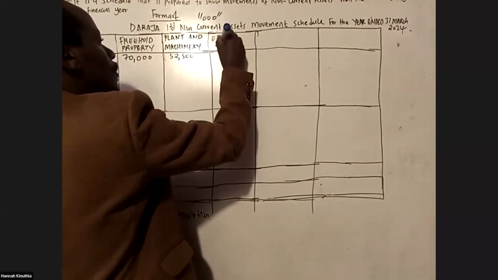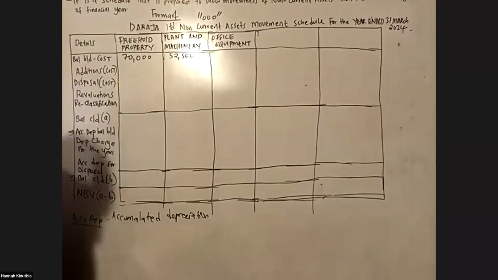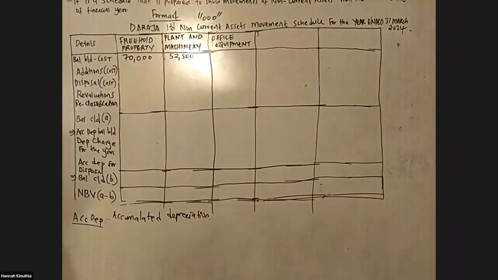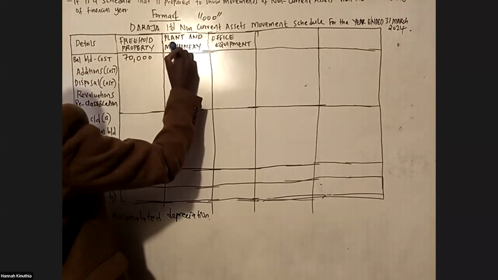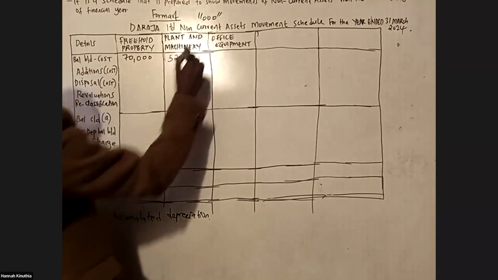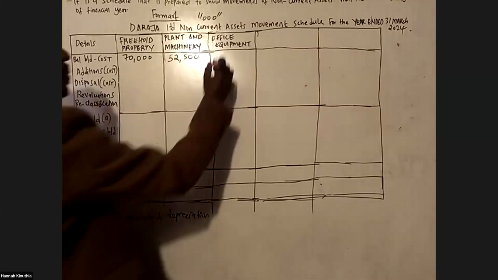How much is the office equipment from the question? Office equipment ni ngapi? Office equipment ni 10,500.